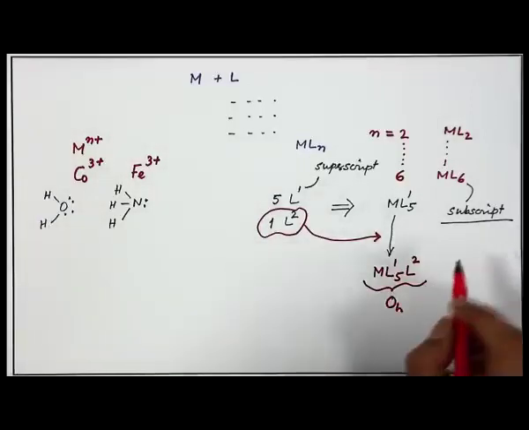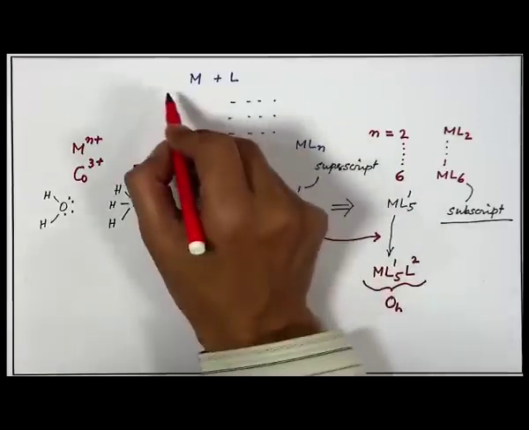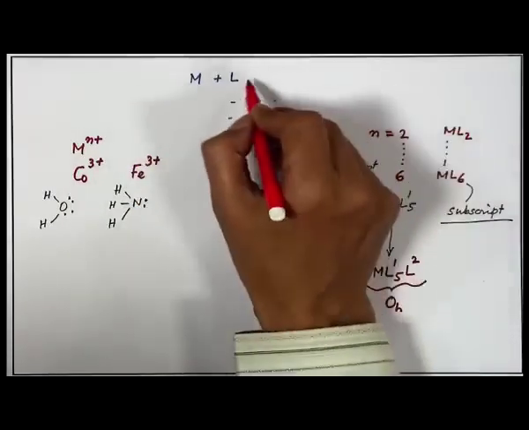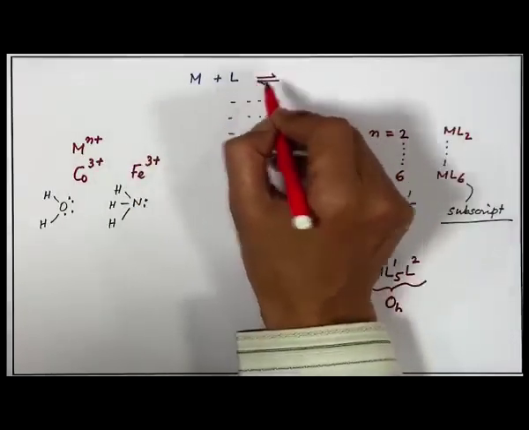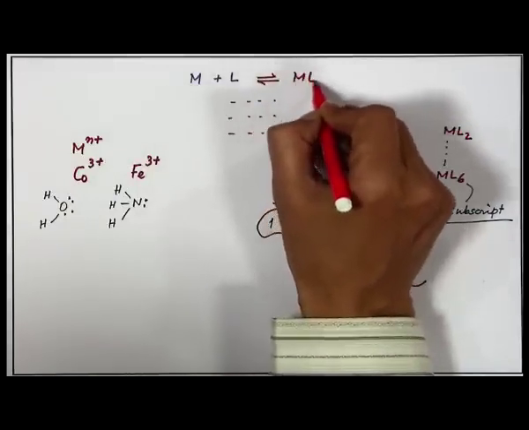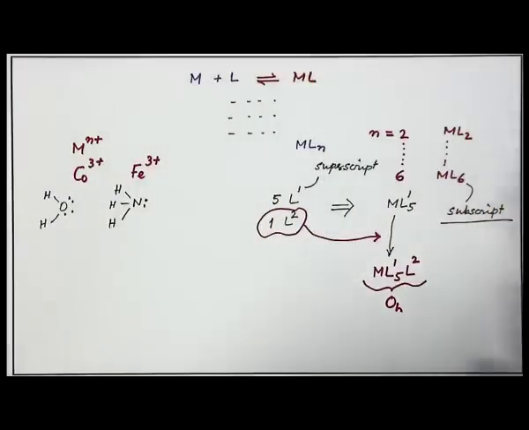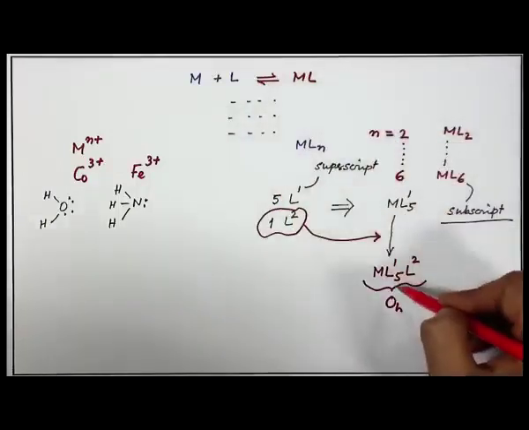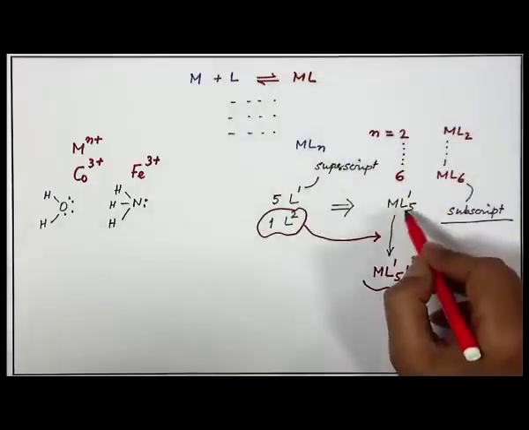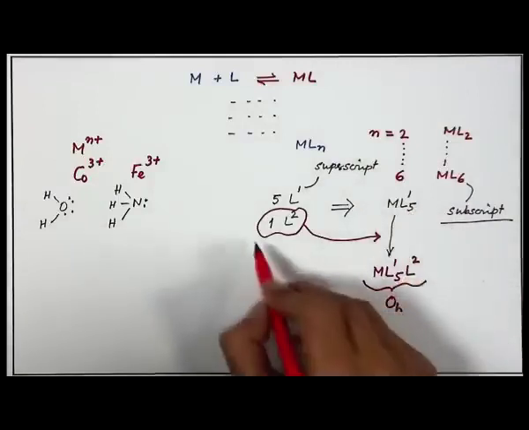So, what we can study is the corresponding complex equilibria which is related to your coordination. In the first step what we get is the ML. So, ML is forming in the first step, and in the 5th step it is forming this one, and in the last step it is attaching to something.